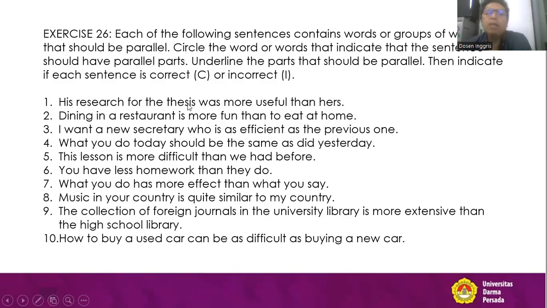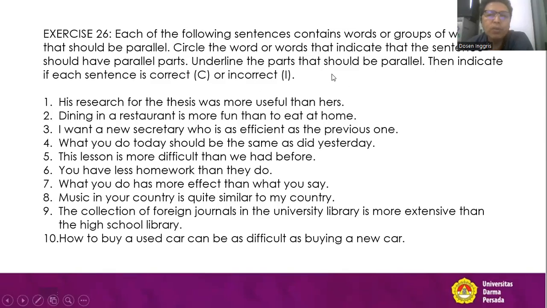So that means, what kind of pattern do you see in every sentence? Talking about comparison. For example, is the sentence using than or more than or as blah blah blah as, or the same as or similar to?